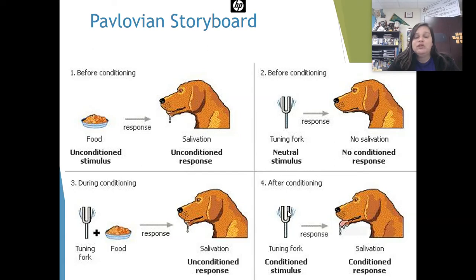Eventually, it gets to the point where now we can have a tuning fork and the dog will salivate. But we want to be specific. He's not just salivating, he's salivating to the tuning fork. So that becomes a conditioned stimulus and a conditioned response. So most of the time in classical conditioning, your neutral stimulus becomes the conditioned stimulus. So it starts out neutral, but then it becomes a conditioned or a learned stimulus.